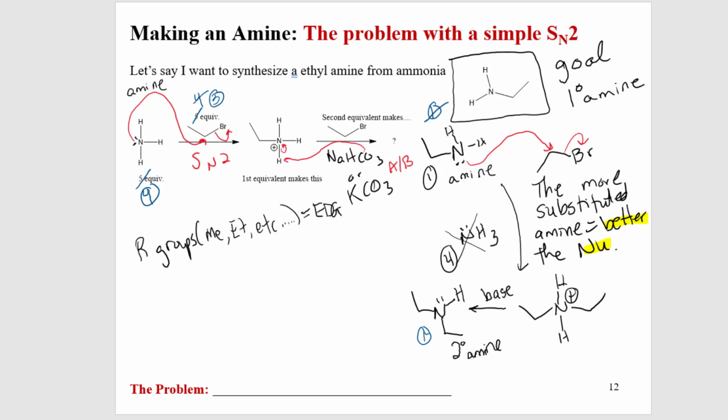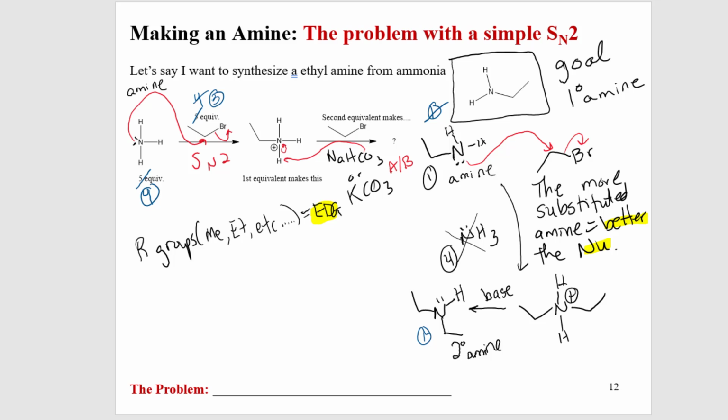Okay, so the next equivalent of ethyl bromide, if you can guess, I have a di-substituted nitrogen now. I have 2 electron donating groups on this product versus ammonia, which has none. This nitrogen, the more I keep adding carbon groups to it, the more nucleophilic the nitrogen becomes, because the more substituted, the more electron donating groups I add, right?